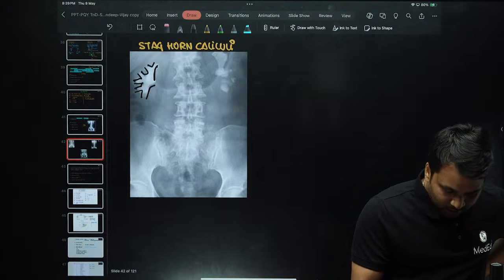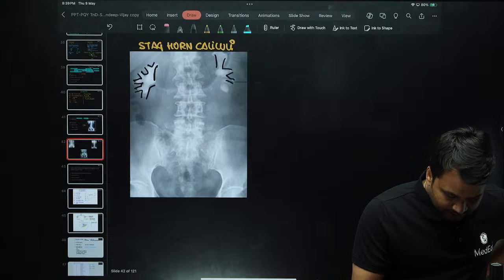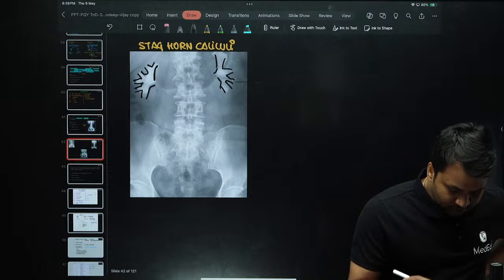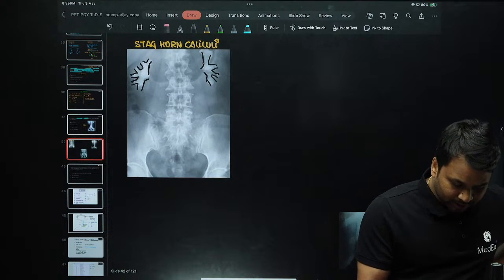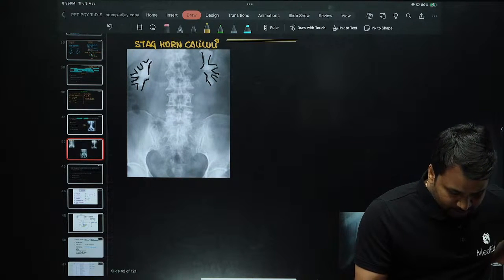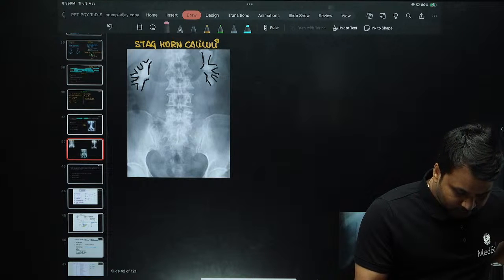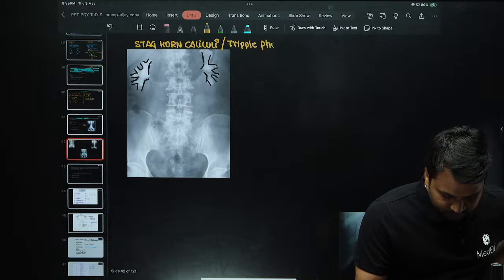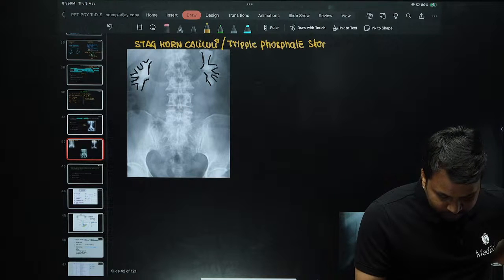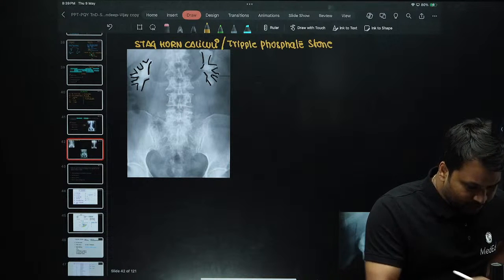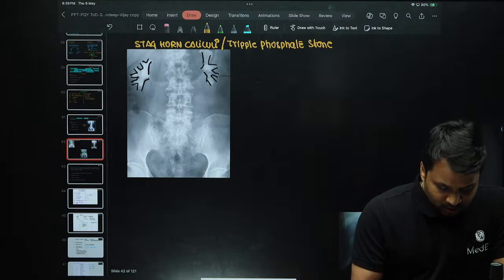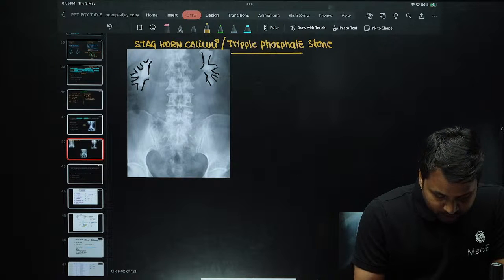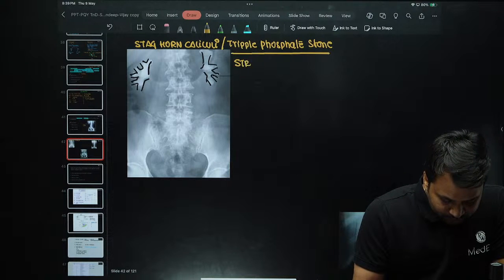In fact, here you can see it's a bilateral staghorn presentation, and staghorn calculi are seen in triple phosphate stone, or also commonly referred to as the struvite stone.